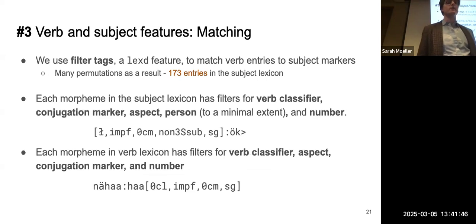There's about 173 entries in the subject lexicon to account for all of these different combinations. Each morpheme in the subject lexicon has a set of filters like this, and each morpheme in the verb lexicon has a set of filters like this, which are then matched together from the different lexicons to have those different parts that all go into a pattern that we saw earlier.